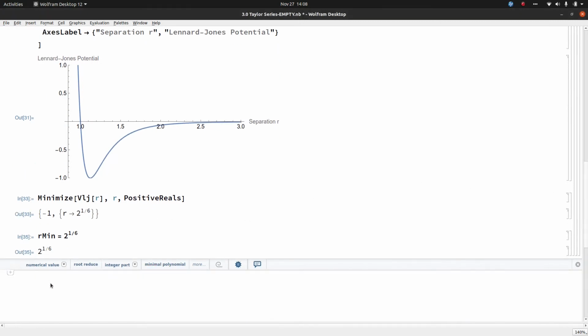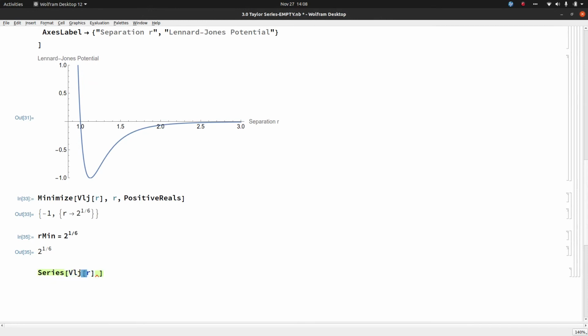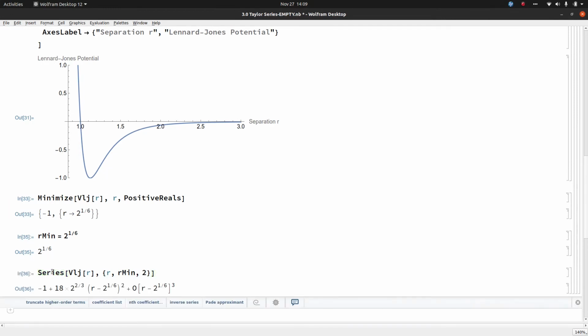And now I'm going to do my Taylor series. I'm going to expand V_LJ as a function of r around the point r_min, and we'll go to second order and see what that looks like. You can see you get a form that looks like this.